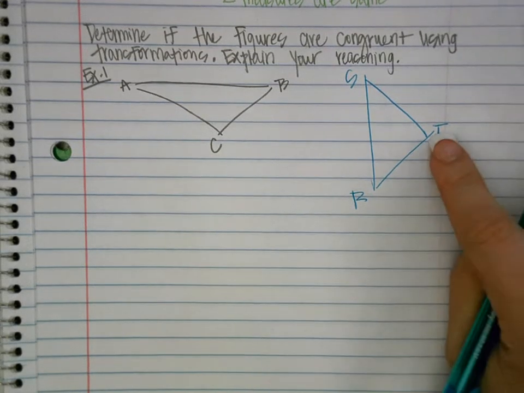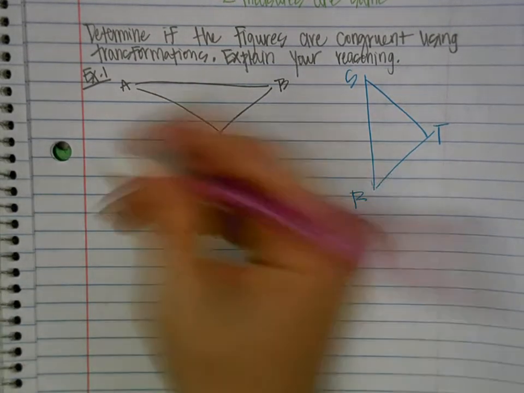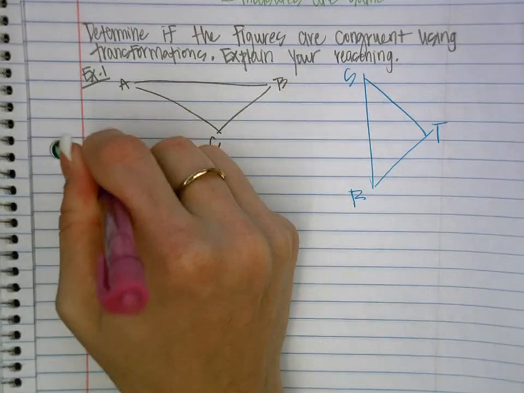You can't tell me the side lengths, so you can just look at them. My drawings are obviously not perfect, but do these look like they are congruent? Yes, they appear to be congruent. I'm not going to make you measure them. So, yes, these are congruent.